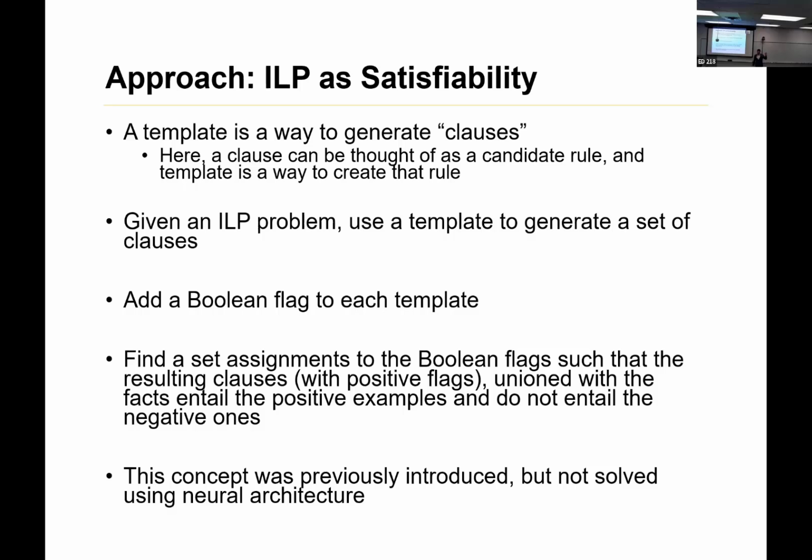It's just that the extra atom shuts some of those things off. The whole training process is trying to figure out which ones are turned on and which ones are turned off. That's the basic intuition here. This was actually introduced in the 2015 paper, but it wasn't solved with the neural architecture. I think they used some kind of integer programming.